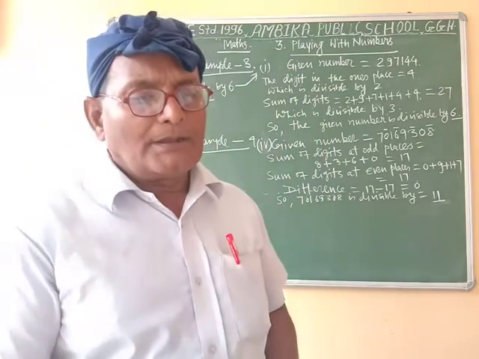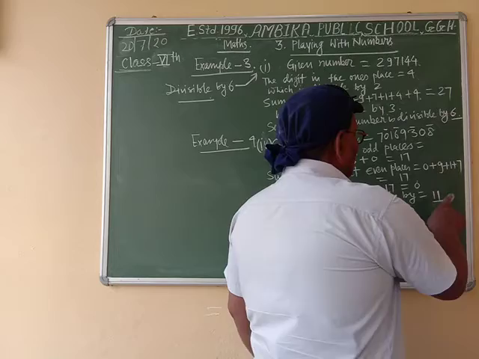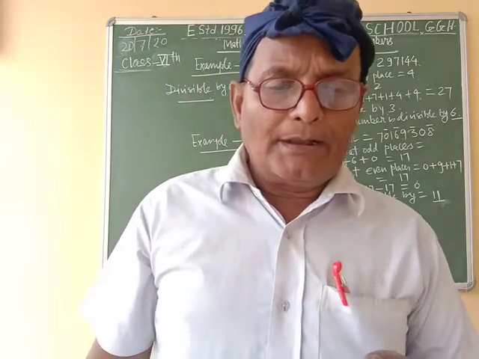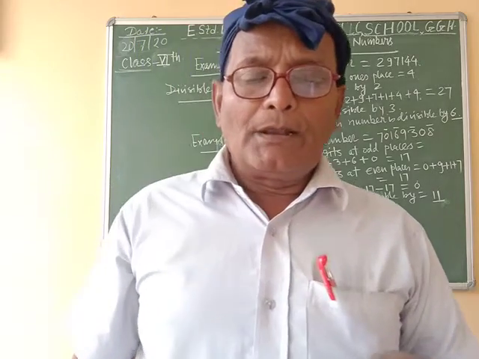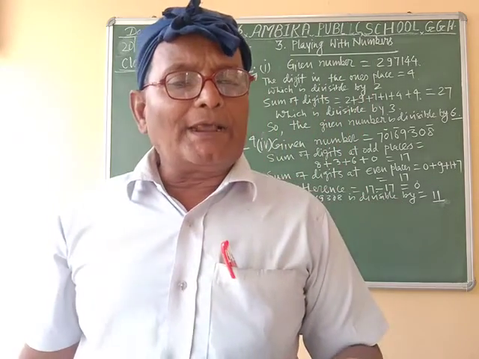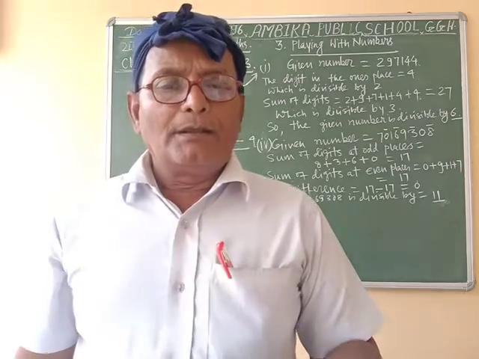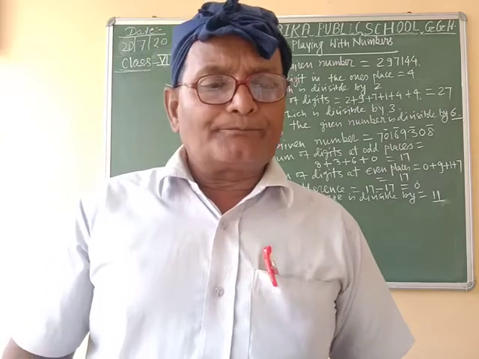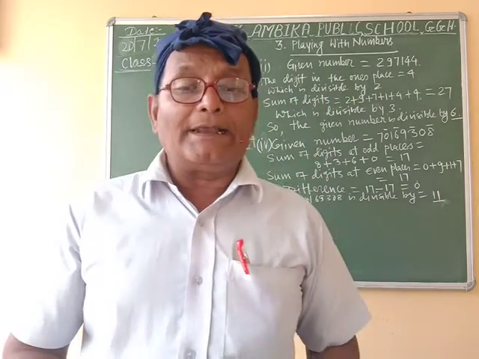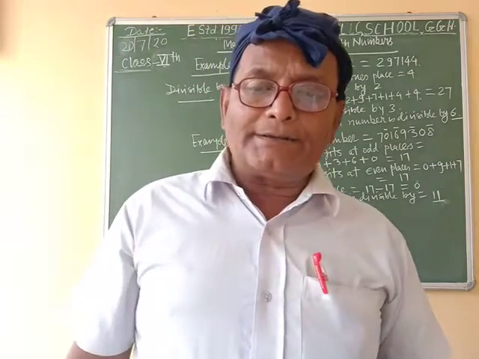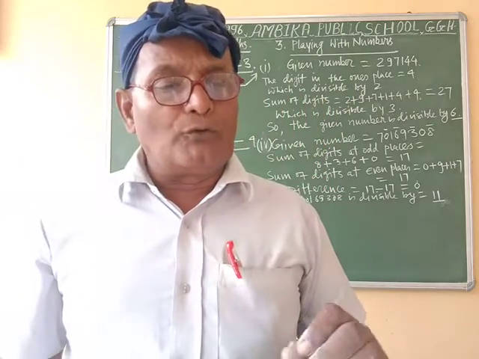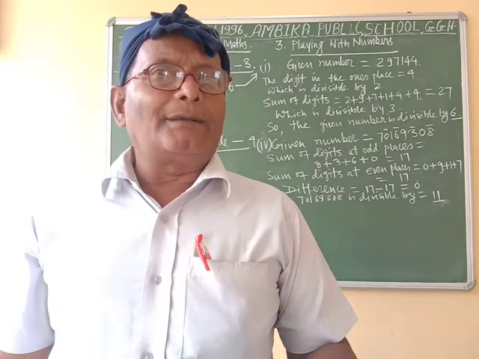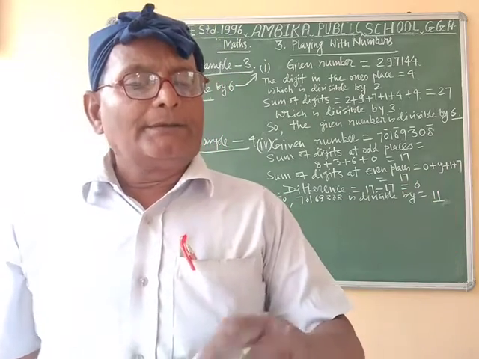So here we have proved that the given number is divisible by 11, and according to this rule, you can test whether a given number is divisible by 11 or not. So all questions of 4 can be solved by this method.